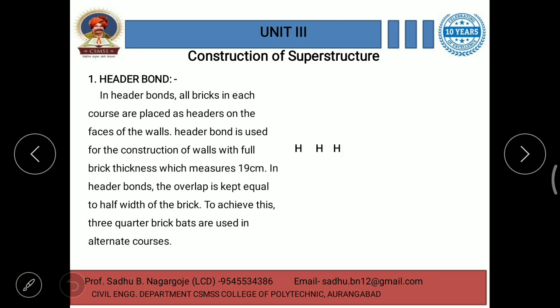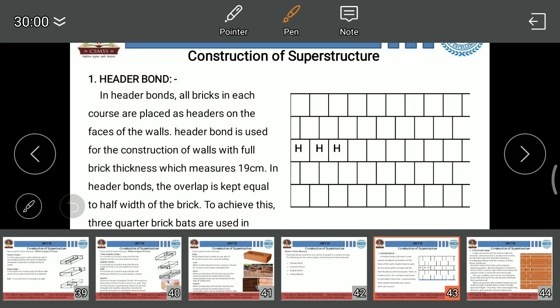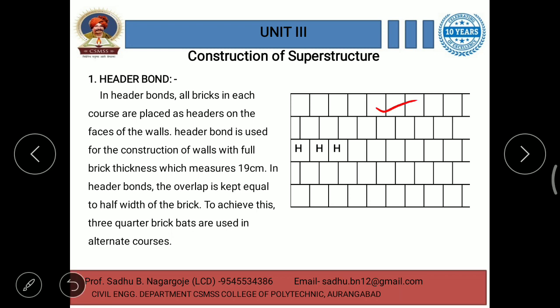The first type of bond is header bond. In header bond, all bricks in each course are placed as headers on the face of the wall. You can see in the diagram that all these faces show the header face of the brick masonry.